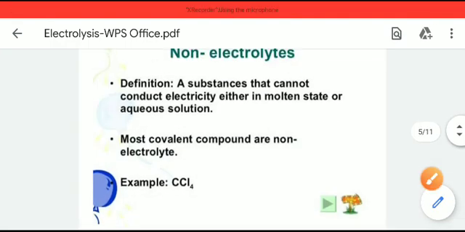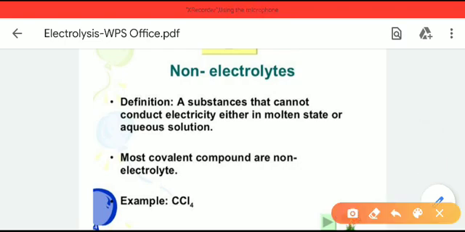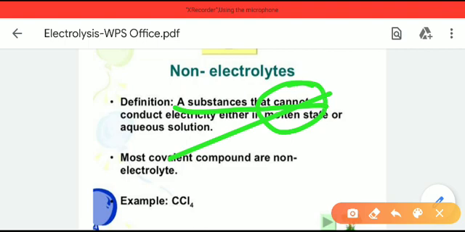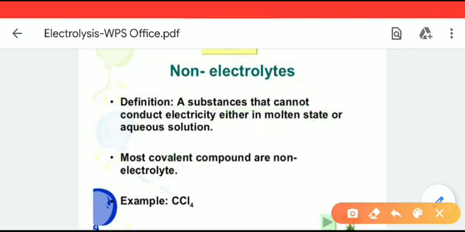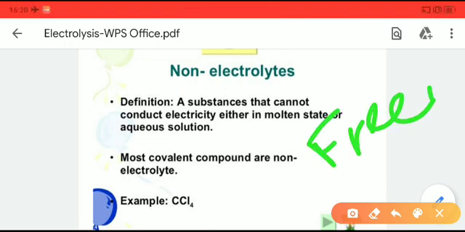So those substances that cannot conduct electricity either in the molten state or in aqueous solution are called non-electrolytes, because they do not give any free ions or free electrons.